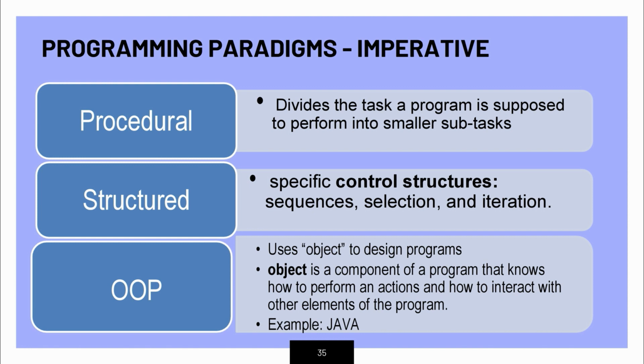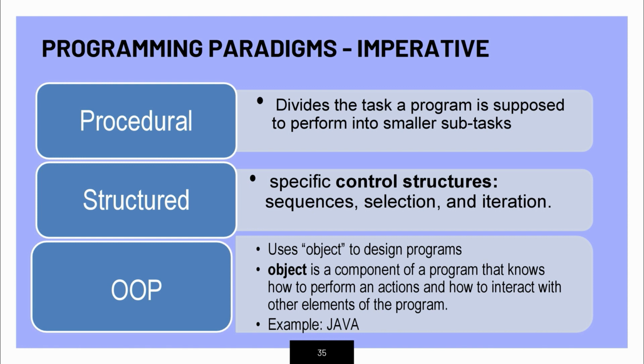Okay, and then the other, structured. So structured means that they have a specific control structure, which is sequence, selection, and iteration. So ibarat macam kita punya tulang ada structure kan. Okay. Macam itulah programming language. So ni adalah jenis-jenis sequence, selection, and iteration.